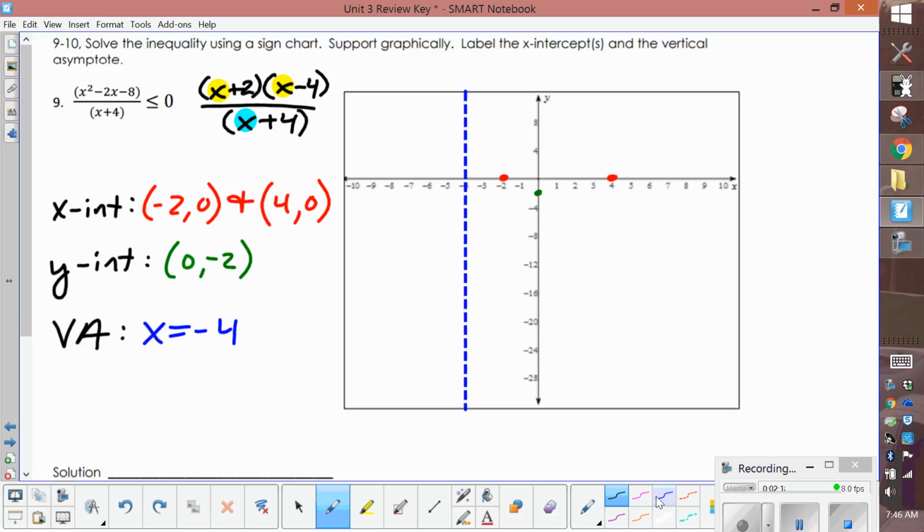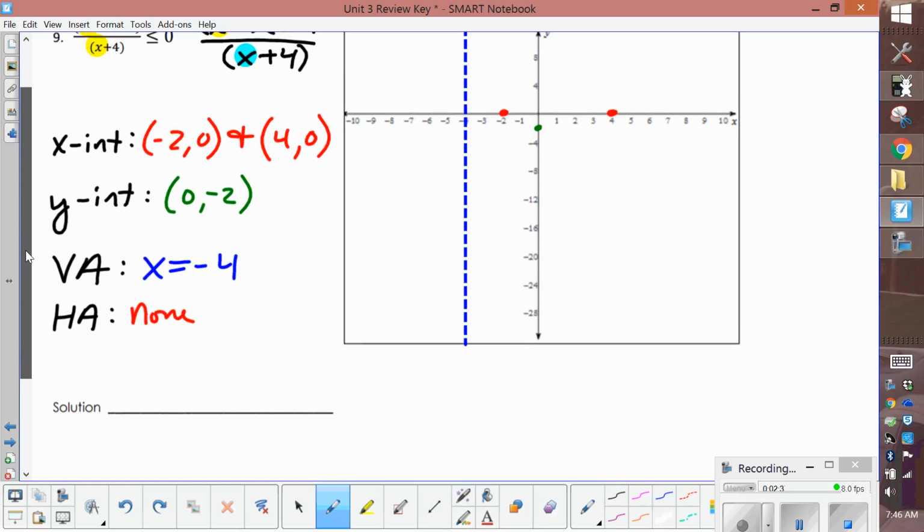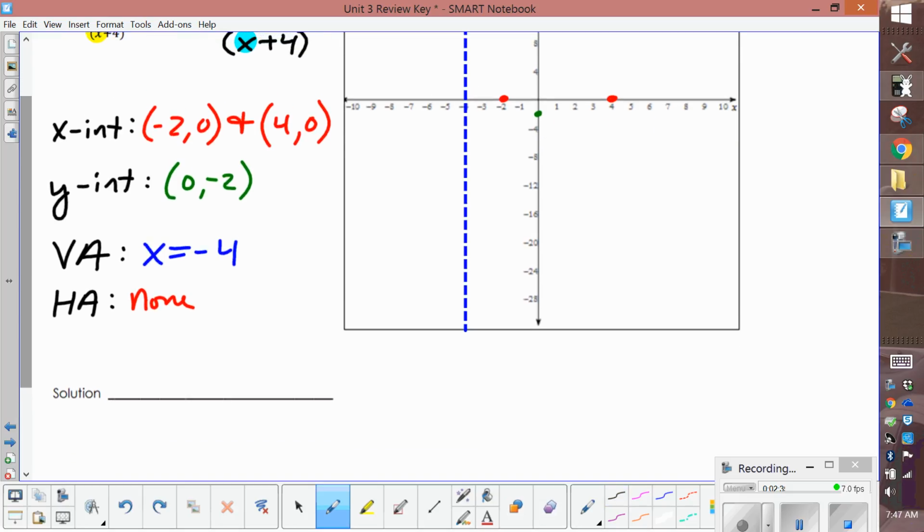Next, normally I would find my horizontal asymptote. But looking at my original rational function, I notice I'm in a top-bigger scenario. This means there is no horizontal asymptote, but there is a slant asymptote.